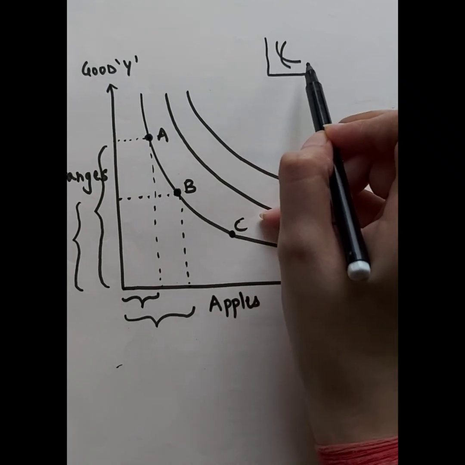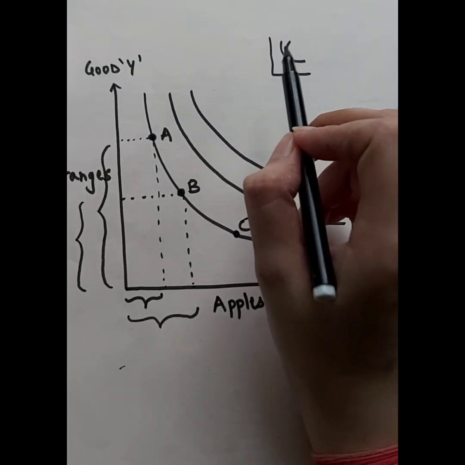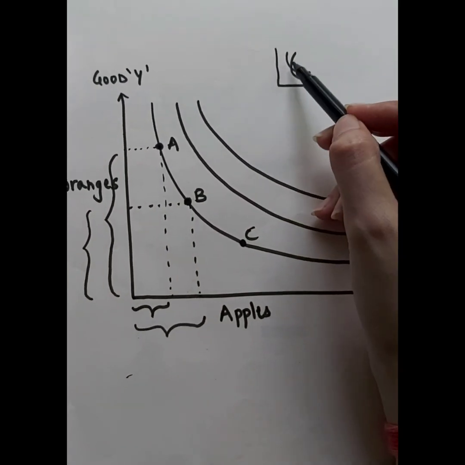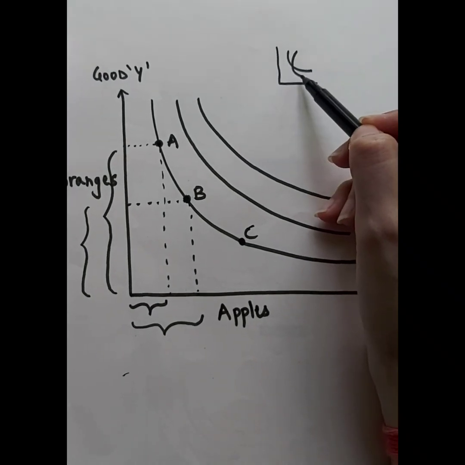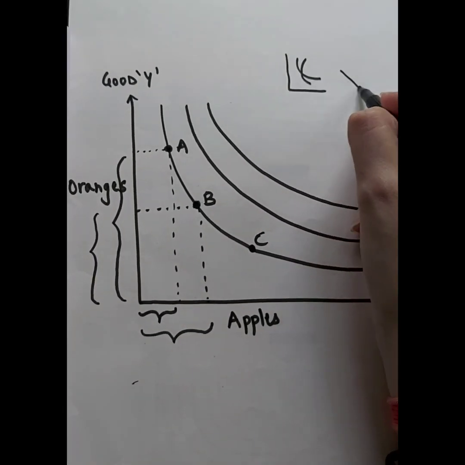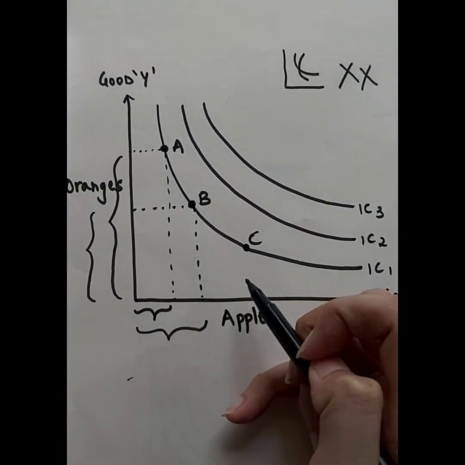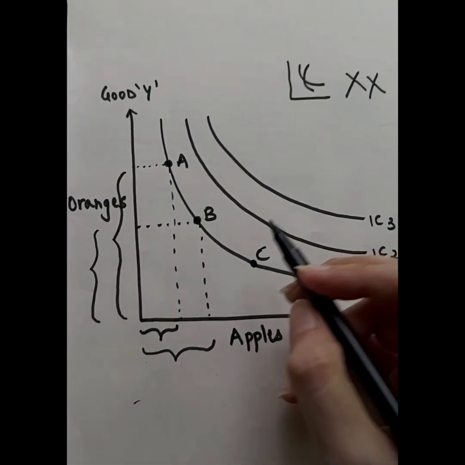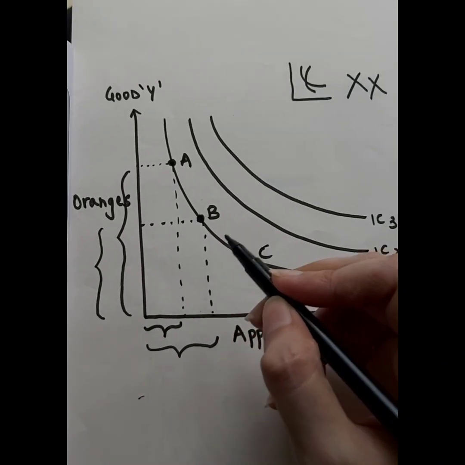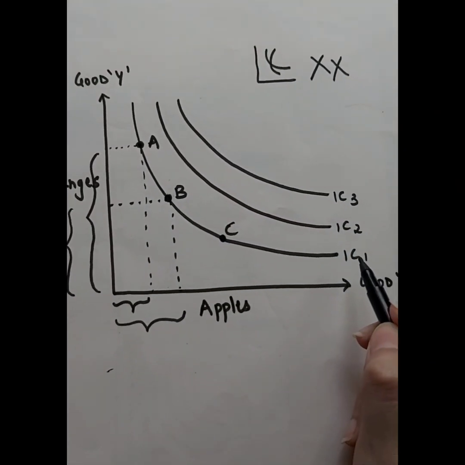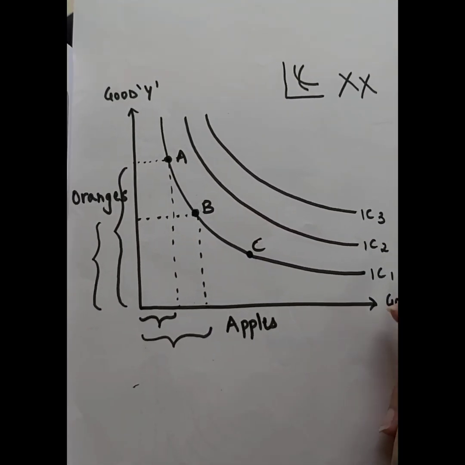I just made a small indifference curve over here to show you two curves intersecting each other. An indifference curve is never ever like this. They are always parallel to each other, and this is because each indifference curve represents a different level of satisfaction.